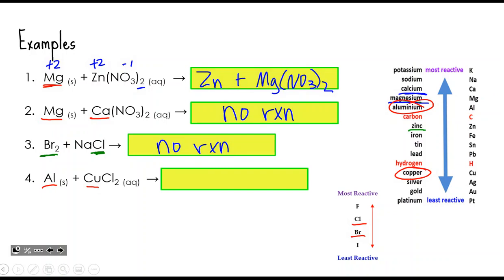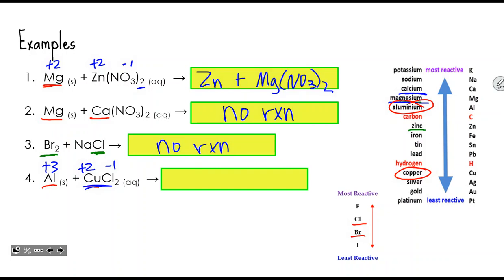Now we have to reconfigure our charges. So this is copper(II) chloride. Remember, chlorides are -1. So that means this is a +2 for our copper, because there's 2 chlorides balancing that one out. Copper is a multivalent metal, so you have to actually figure out its charge. Aluminum, when it forms a charge, we know it forms a +3 because it's in group 13 under boron.